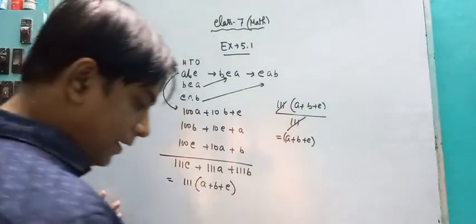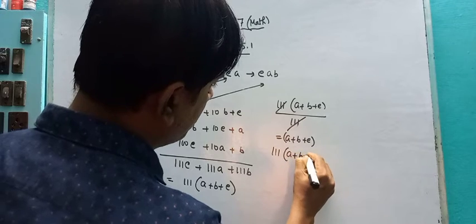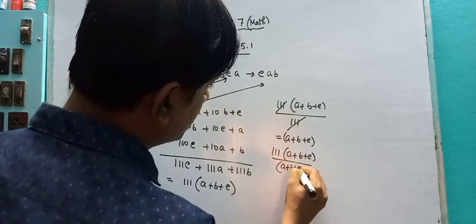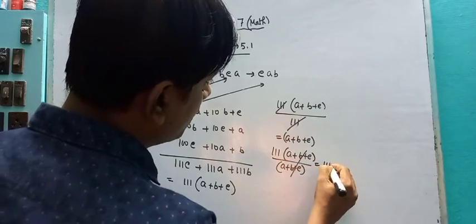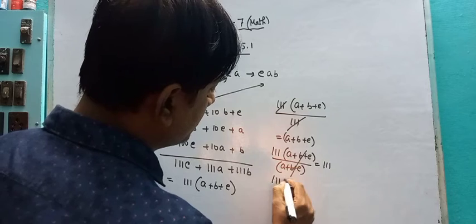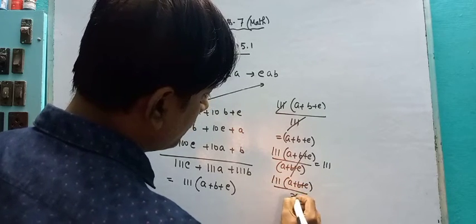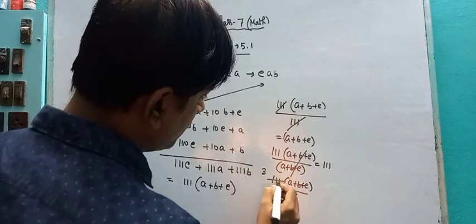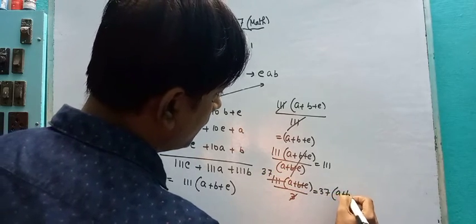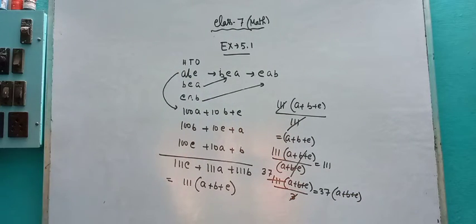Okay, if I divide it by A plus B plus C, this A plus B plus C divided by A plus B plus C is also 1 1 1. If I divide it by this figure, clear?